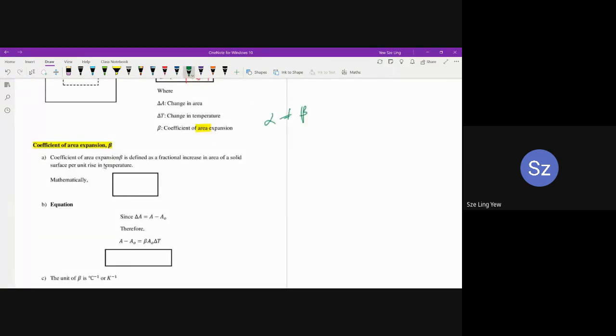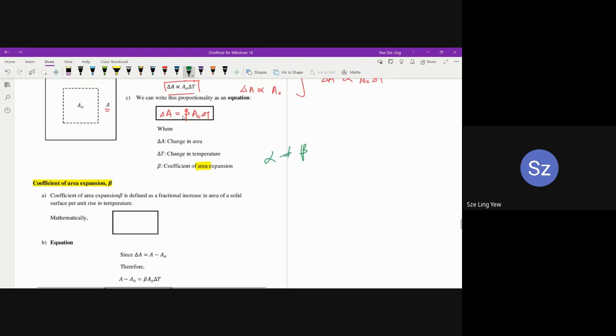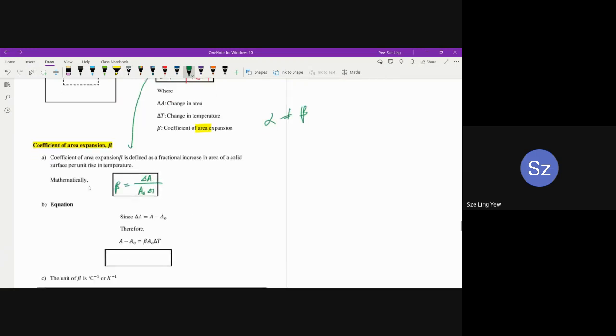So the coefficient of area expansion is defined as the fractional increase in area of a solid surface per unit rise in temperature. So what you are going to do is rearrange the equation from the experiment above, and then you obtain beta equals delta A over A0 delta T. So this is the definition for beta, the coefficient of area expansion. Again, you repeat the same thing to derive the equation for final area.